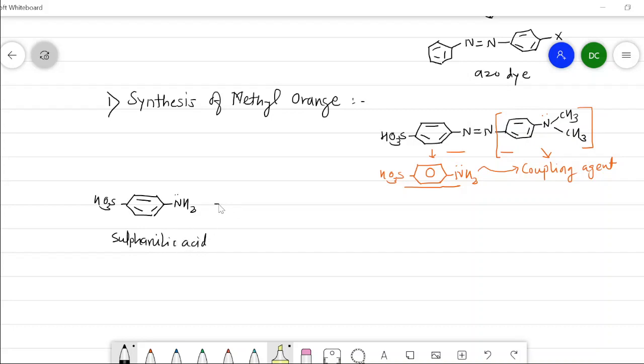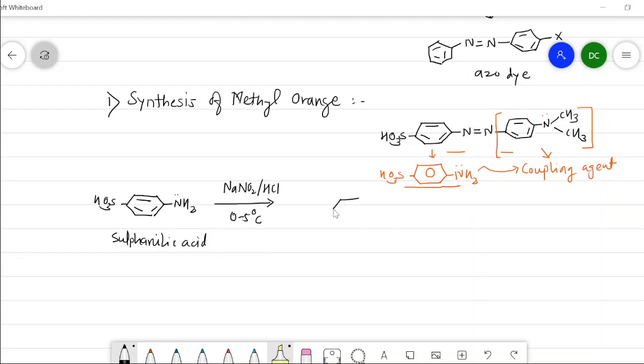Then when it is treated with NaNO2 and HCl at 0 to 5 degrees Celsius or 273 to 278 Kelvin, there is a formation of diazonium salt.